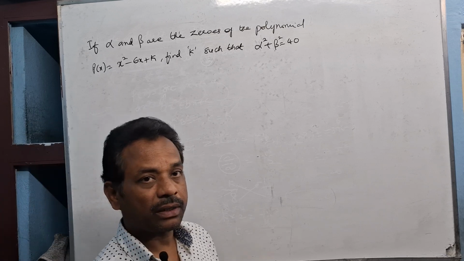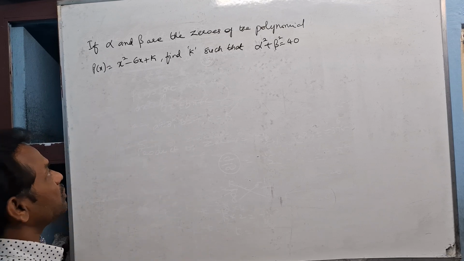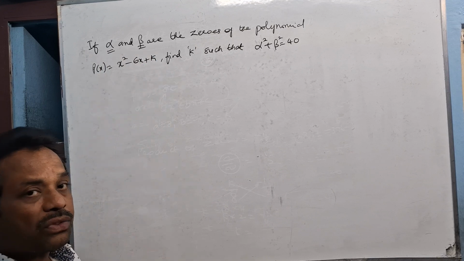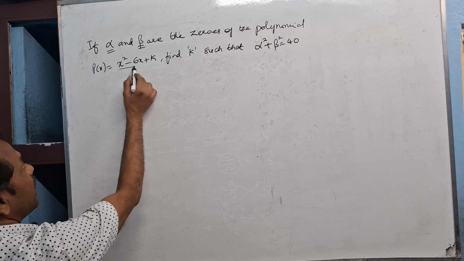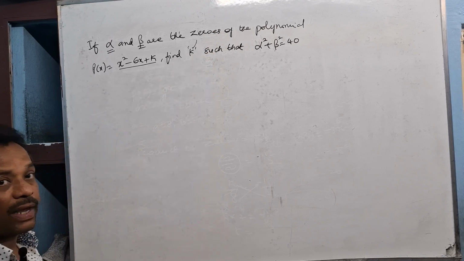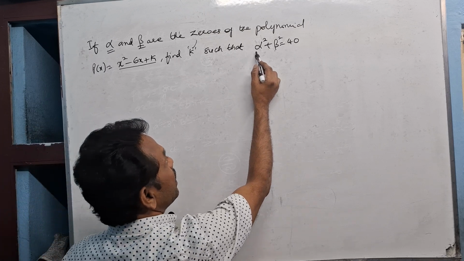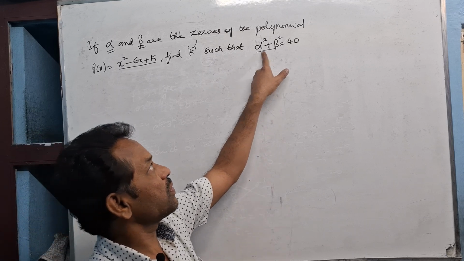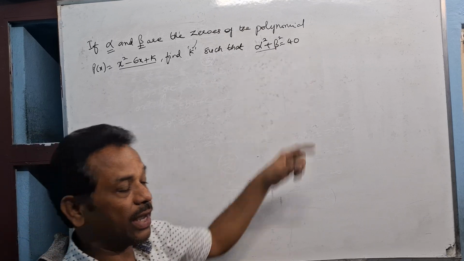In this question, it is given that alpha and beta are the zeros of the polynomial x² - 6x + k, and we need to find the value of k, given the condition alpha² + beta² = 40. Using this condition, let us find the value of k.